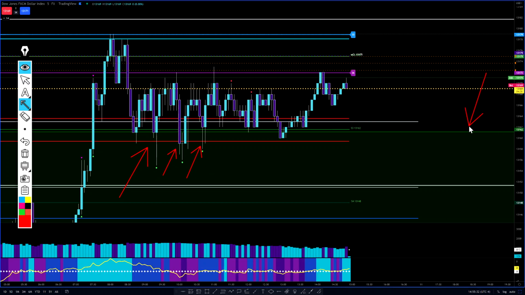This green rectangle, or this green area right here, is the previous high from where the US dollar broke out the first time. So this is actually a retest. Lower down there, it came down into that green zone, and now we're breaking out of it again.